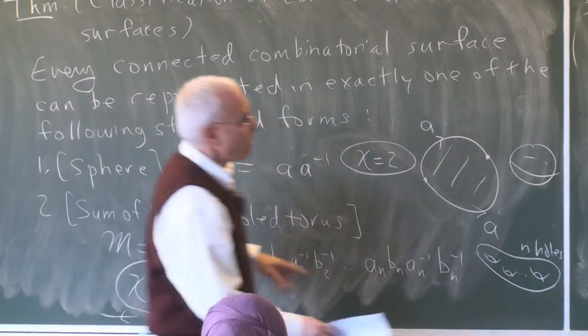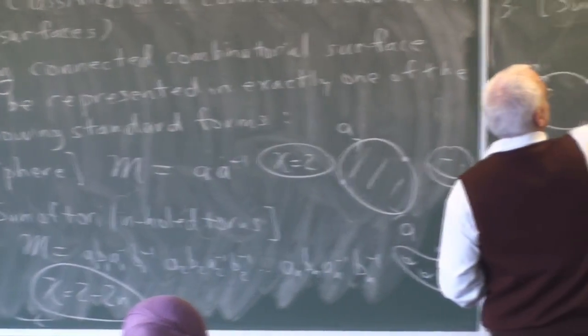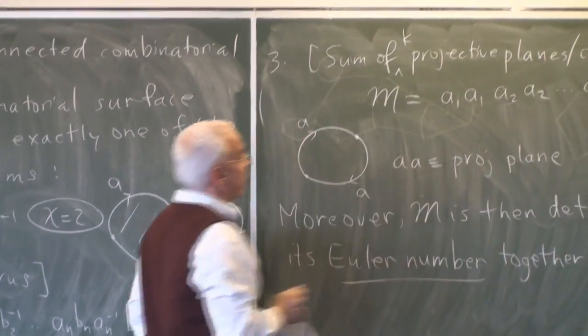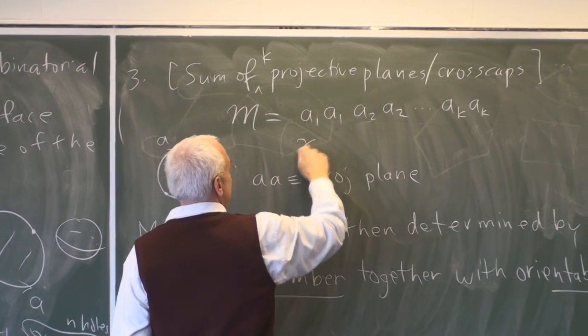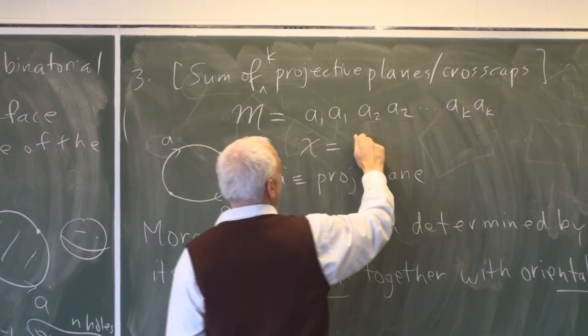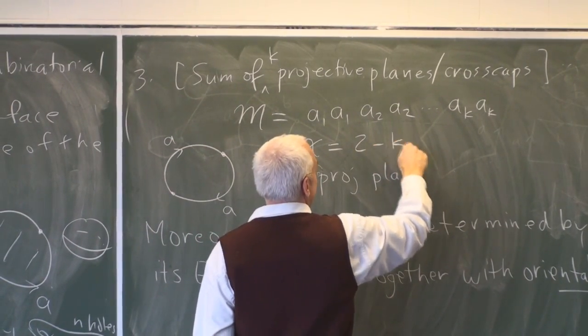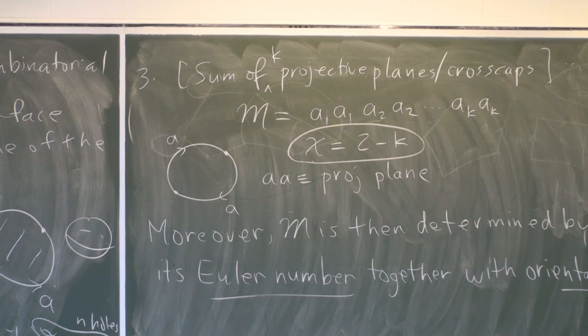And for the sum of k projective planes, or cross caps, the Euler characteristic is 2 minus k. Okay, so that's our main theorem. That theorem was probably stated first very clearly in this form around 1910, probably exactly 100 years ago, roughly, by Dehn and Heegaard.